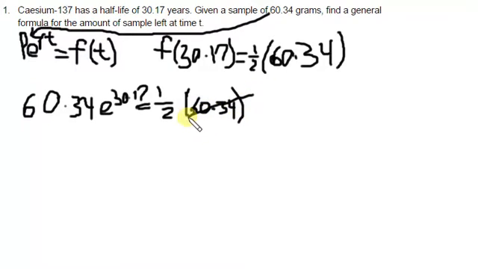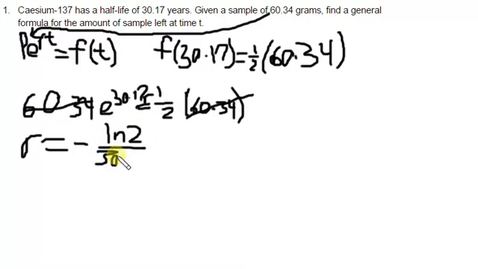And then we can just divide both sides by 60.34, and then we can take the natural log of both sides and solve for r, or the rate, to get the rate equals the negative natural log of 2 over 30.17.